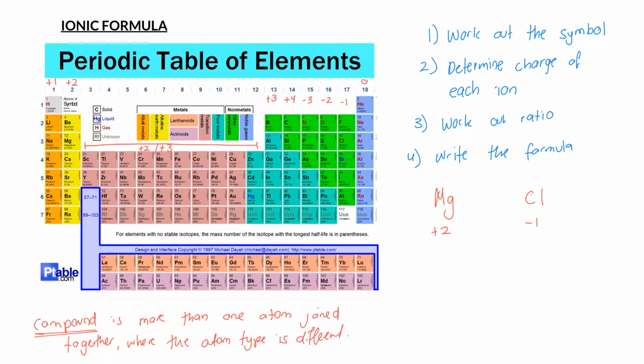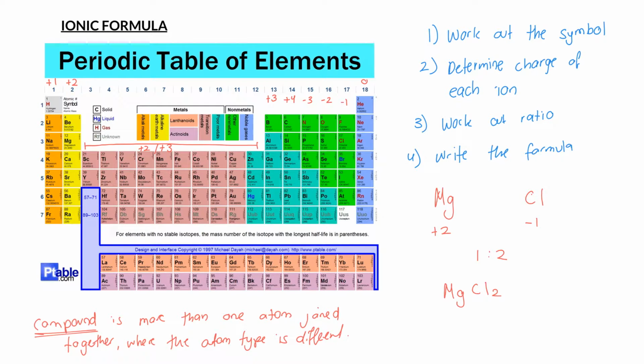So in fact what we need is 2 chlorine ions for every 1 magnesium ion. We write the ratio as 1 to 2, 2 chlorine for every 1 magnesium, and then we simply write that formula out as MgCl2, where the number indicating how many of the ion is in subscript. Okay, so that's one done.